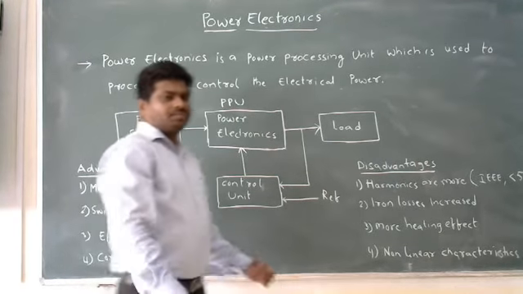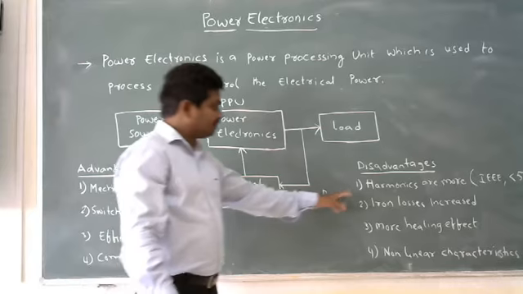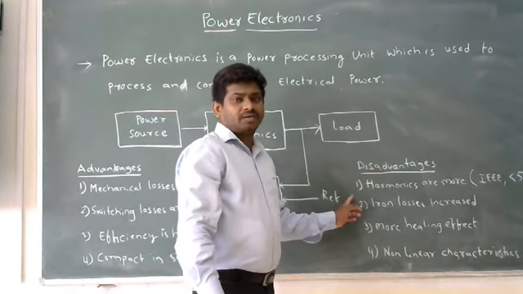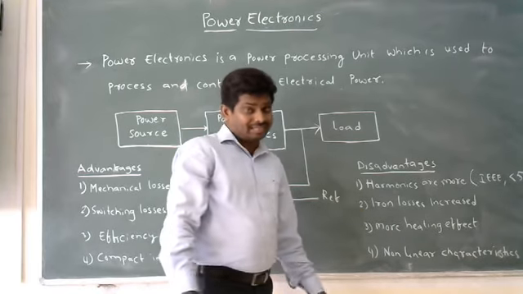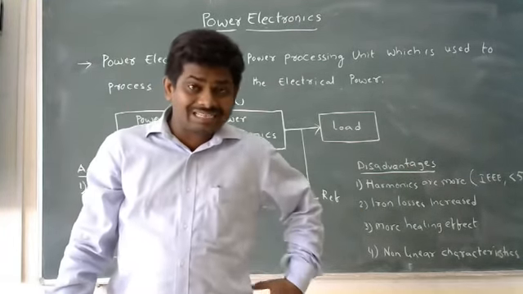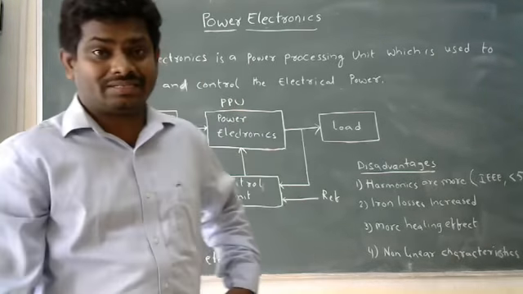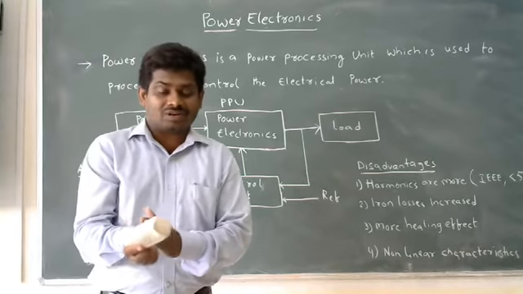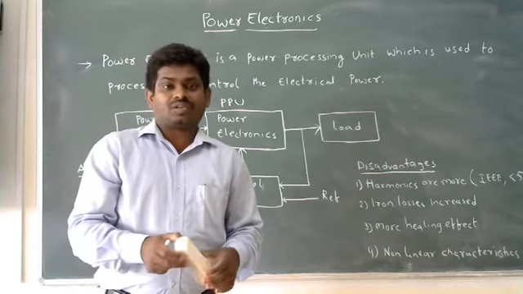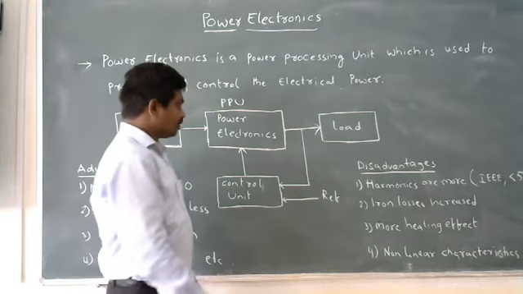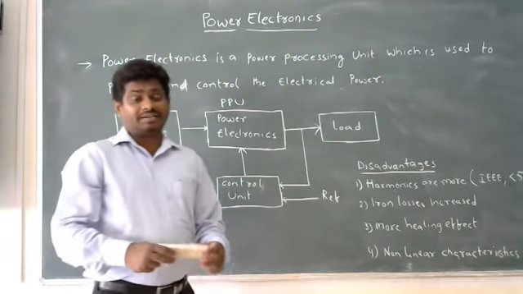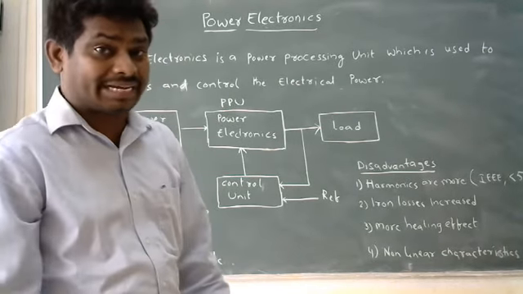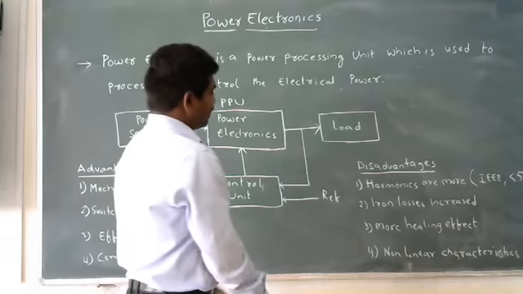Apart from the advantages, we have the disadvantages also. The main disadvantage of power electronic devices: a power electronic device is nothing but a semiconductor device. As we know, semiconductor devices are negative temperature coefficient devices and produce non-linear characteristics.